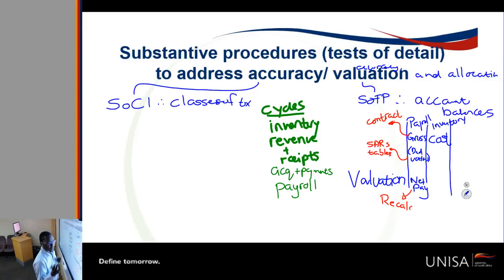And depending on whether cost or net realizable value is lower, you would have your write-off, and then the net amount would be net realizable value, NRV.